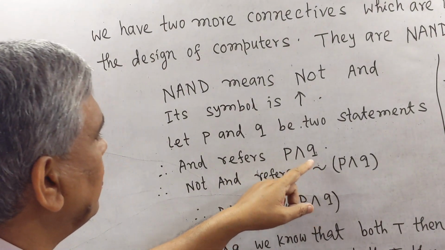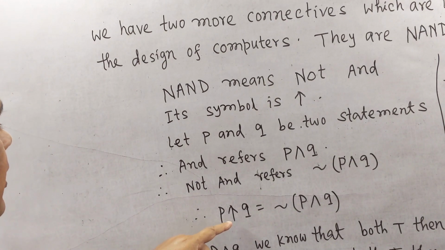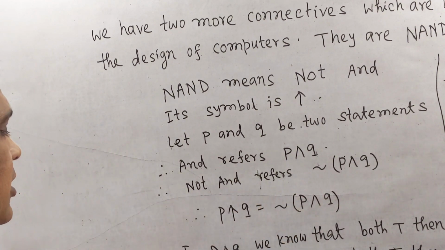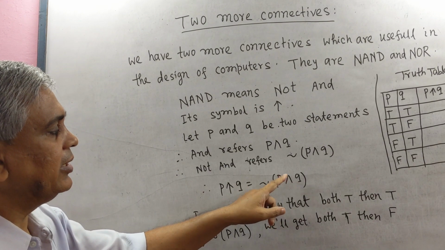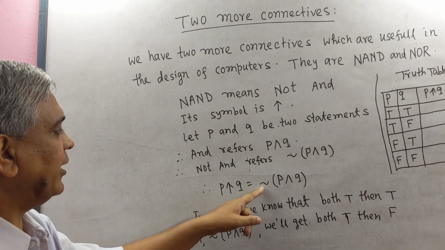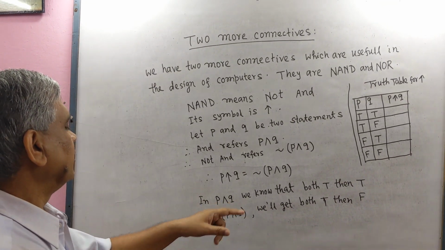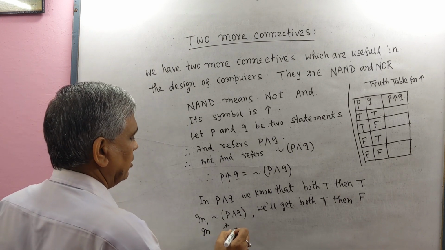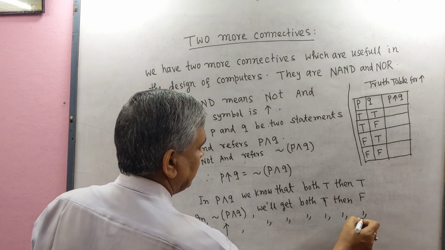Then negation of P conjunction Q. That is, P NAND Q equal to negation under bracket P conjunction Q. In P conjunction Q, we know that both T gives T. Therefore, here we have negation, so both T gives F. So in NAND, both T gives F.